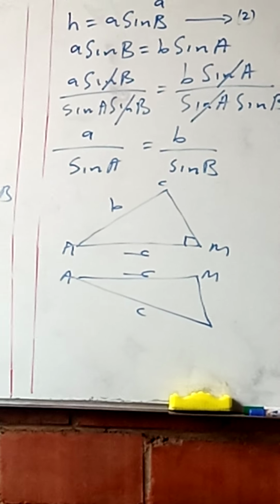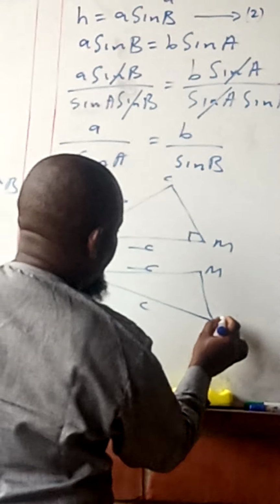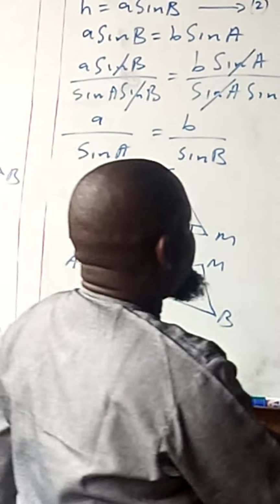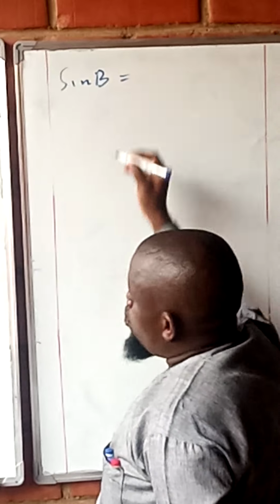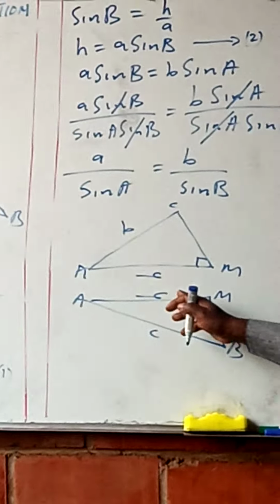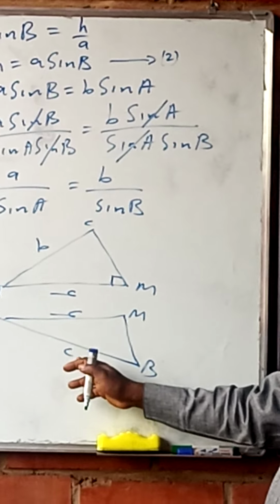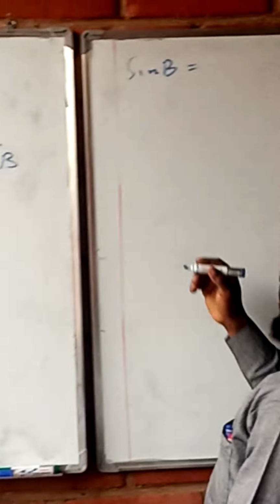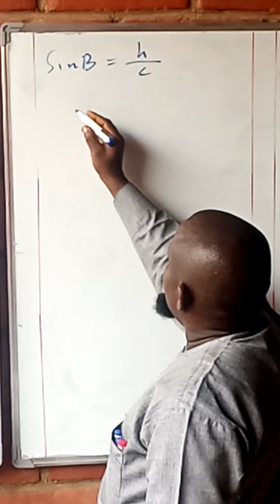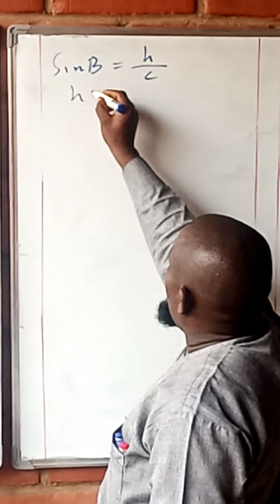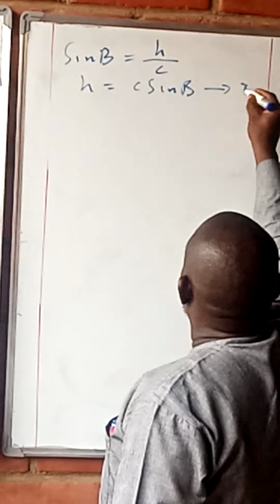Now, let's consider the side of B, which is here. We can say our sine B is equal to opposite over hypotenuse, which is h over c. If you cross multiply, you have h to be c sine B. You can call this one equation 3.